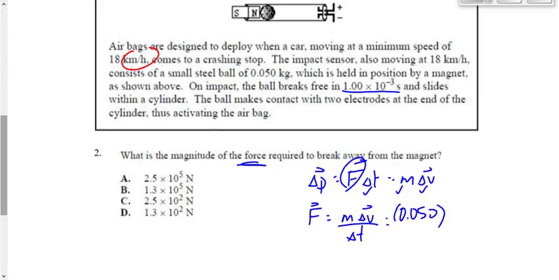Here's the deal. This sensor and the steel ball, relative to one another, are moving at 0 meters per second. Agree? Because they're moving together, right? Just like when you're driving in your car, you're moving relative to the car at 0 meters per second. You slam on the brake and you don't have your seatbelt on, you keep moving at that same speed that you were moving relative to the road, right?